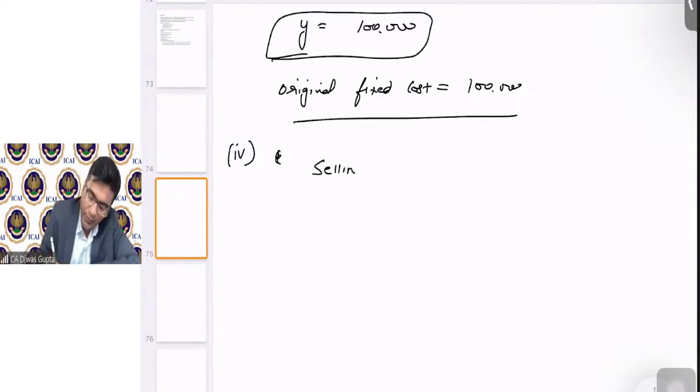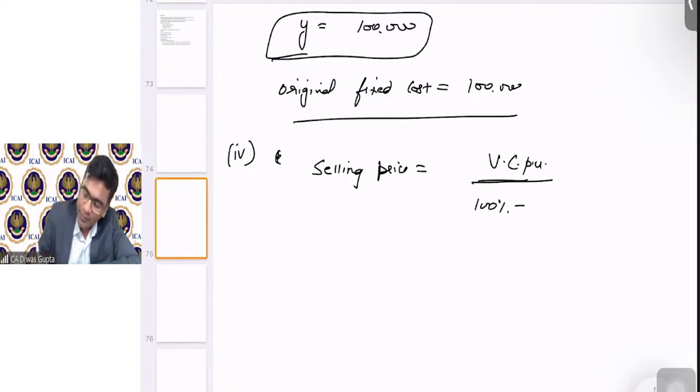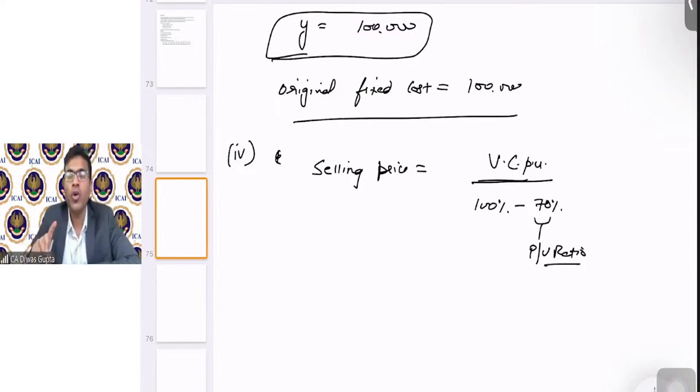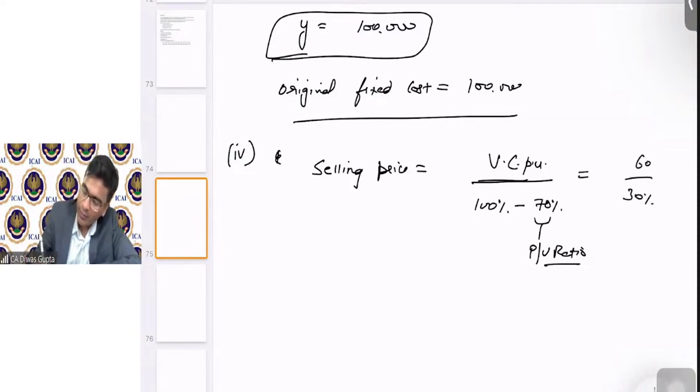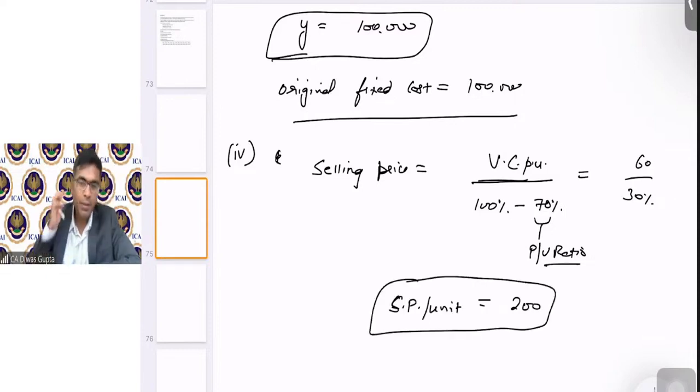Selling price per unit is how much? We know that variable cost per unit is there. If we divide it by the variable cost percentage, we get it. So this 70% is the profit volume ratio. If 70% is the profit volume ratio, 30% is the variable cost ratio, correct? So 60 divided by 30% comes as 200. So selling price per unit is equal to 200 rupees per unit.